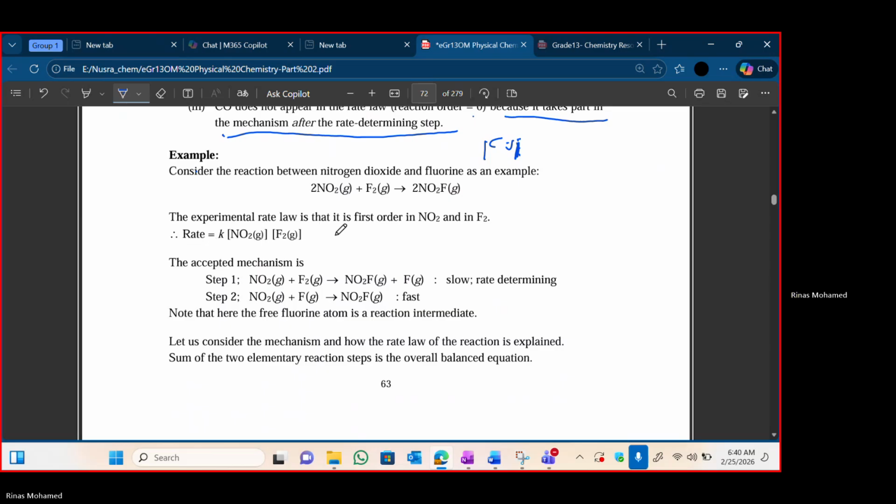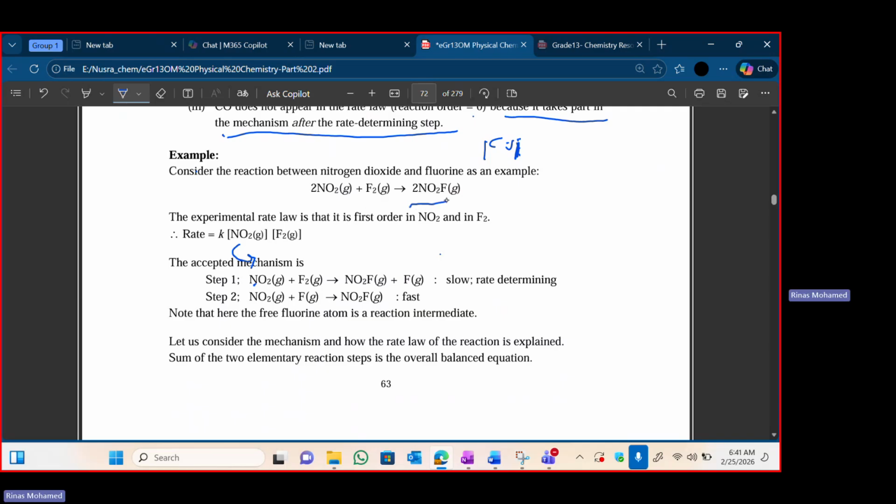In the net reaction's rate law, one NO2 and one F2 gas are present, so in the RDS, one NO2 and one F2 gas are involved. Then we can write NO2 plus F2, which will give you one product. Right, this is the net reaction now.